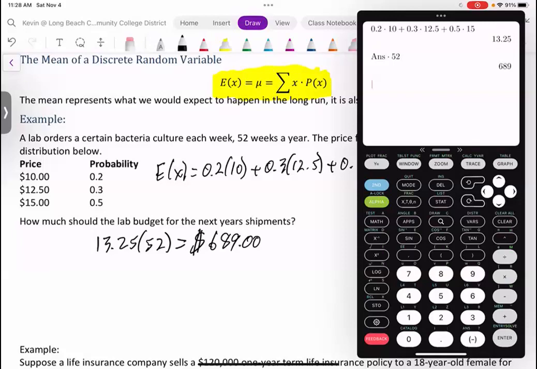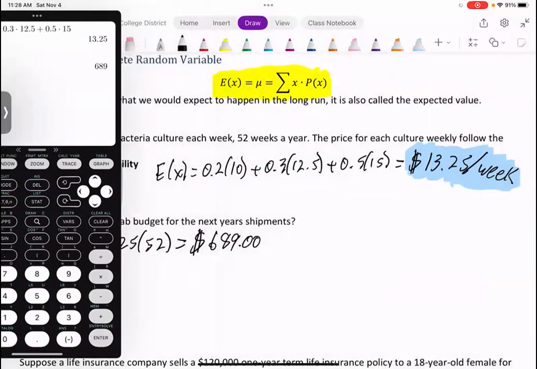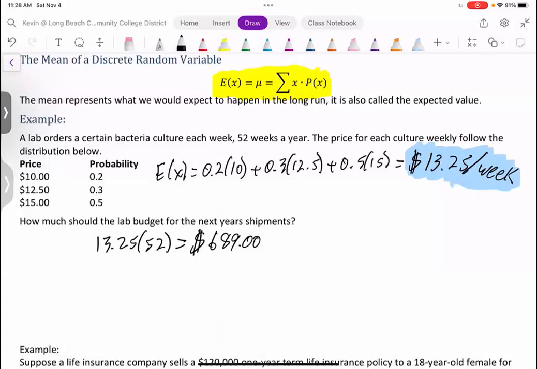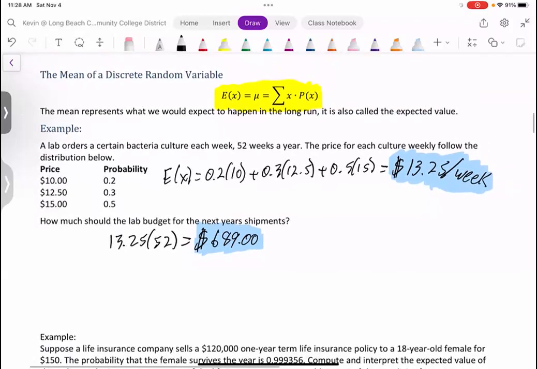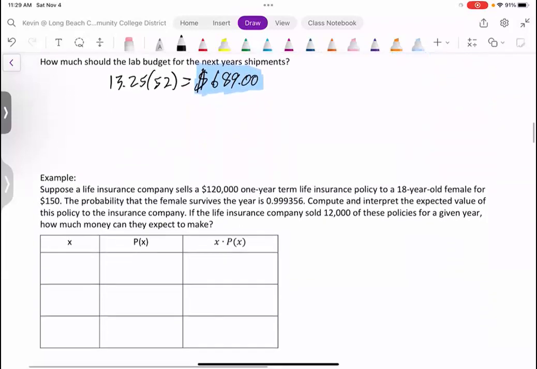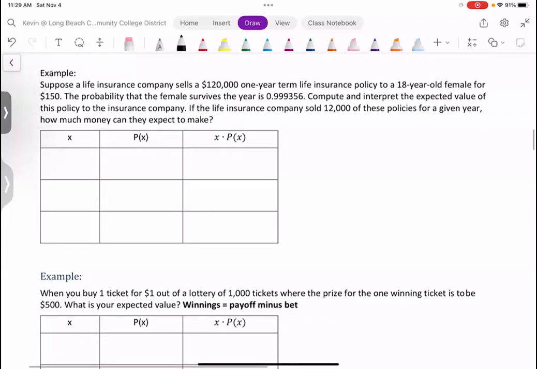And if I was doing the budgeting, I would most likely round that off to $700. But we can see we made each week about the same price, even though sometimes it's above and sometimes it's below. And then times 52 gives us a good idea of what we would expect to have to budget for that particular cost.